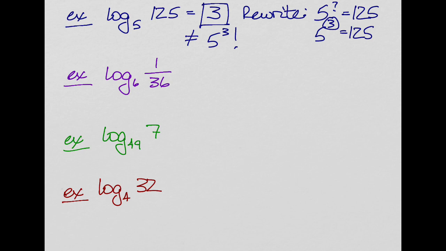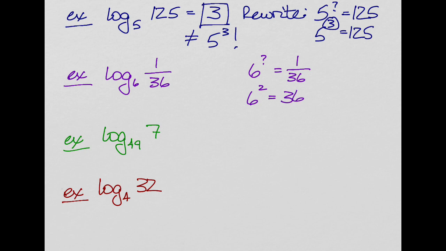On to the next. Log base 6 of 1 over 36. And I'm going to rewrite. I'm going to write my base is 6. The exponent is the question. And I want to end up with 1 over 36. Well, I know 6 to the second power, 6 squared, not 2 to the 6th, but 6 squared, is 36.